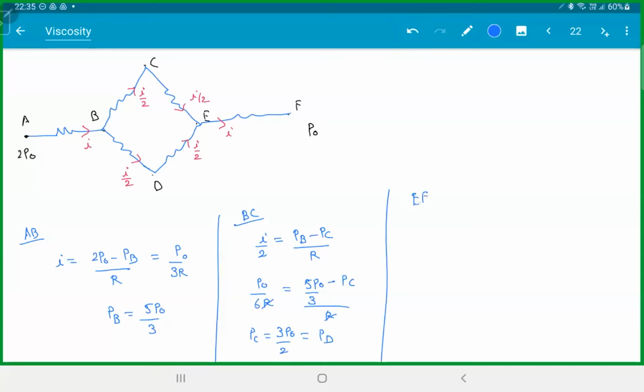Then when you take E to F, I will be PE minus PF by R, which is P naught by R. Here PE will come 4 P naught by 3. Check. Clear?